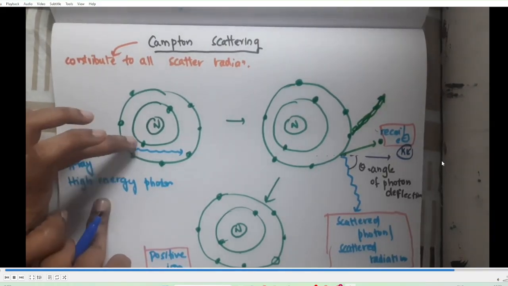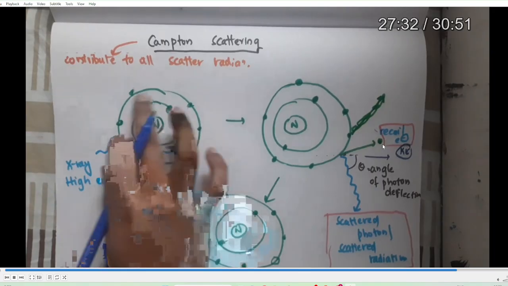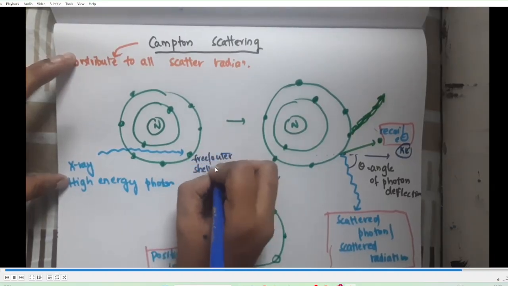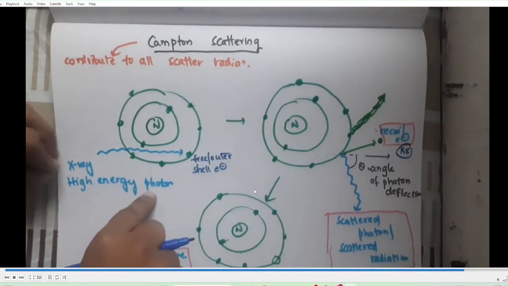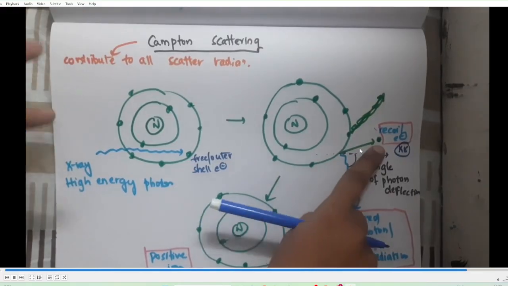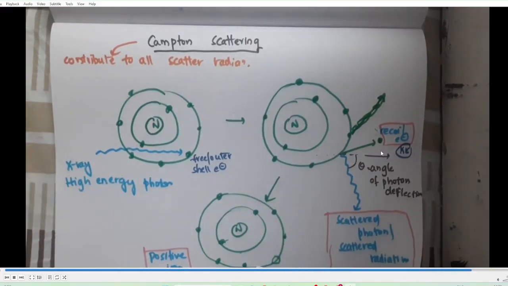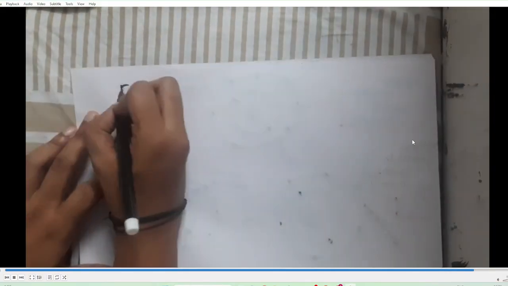Now, the important thing is about this recoil electron. This high energy photon strikes the free outer shell electron, and most of its energy is transferred to the scattered photon, while the recoil electron gets kinetic energy.